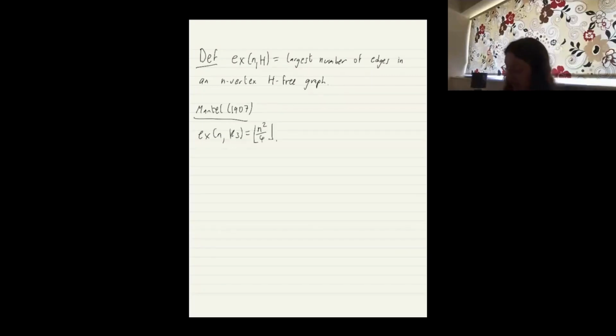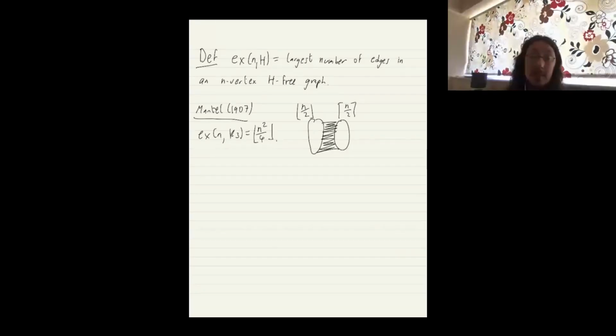And the example there is a simple one where we take two sets, each of size n over 2, with a floor sign on one of them and a ceiling sign on the other, and then we take all possible edges between them. Now, that clearly doesn't contain any triangles, and it's as large as possible without containing any triangles.